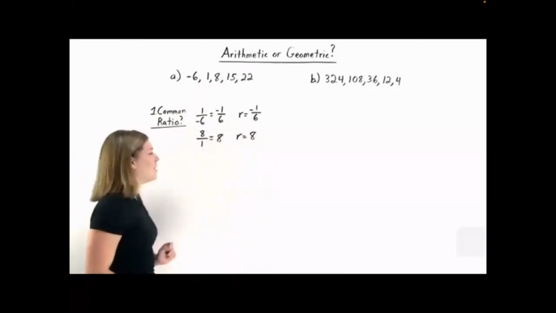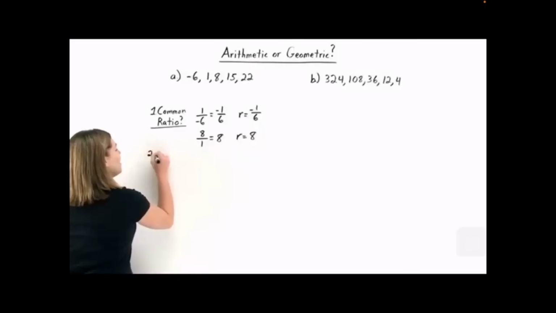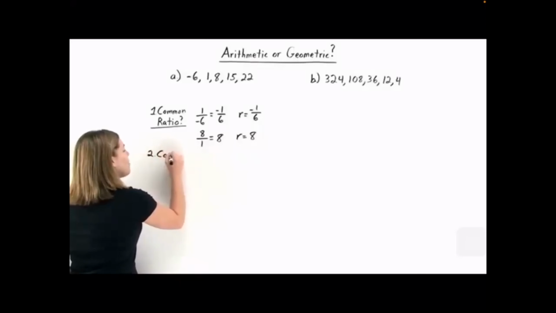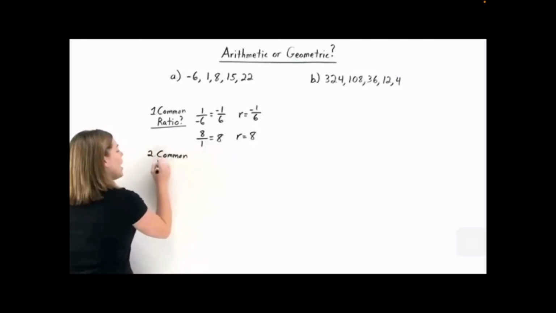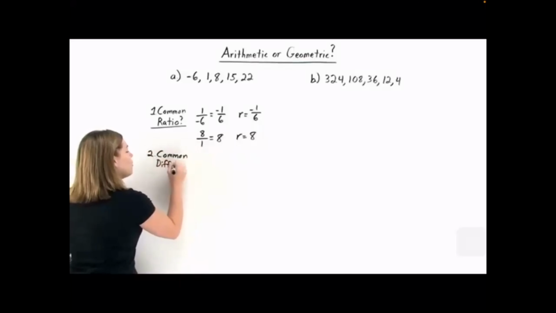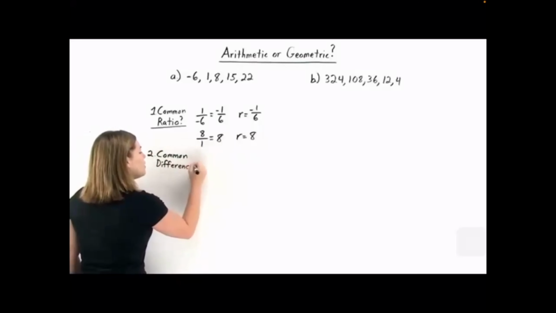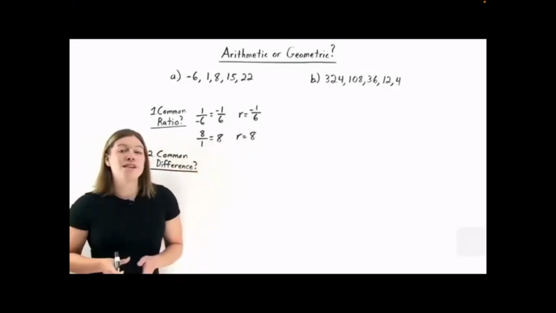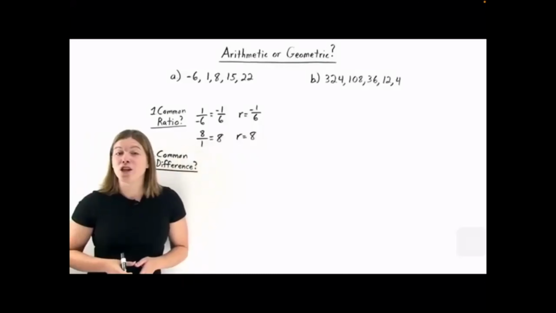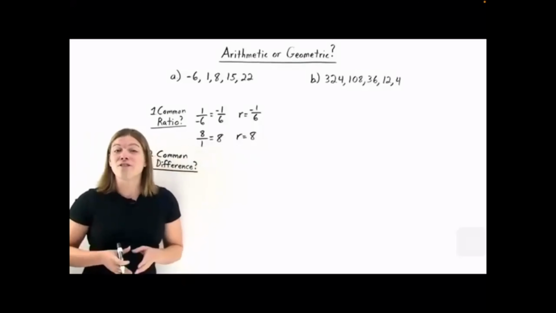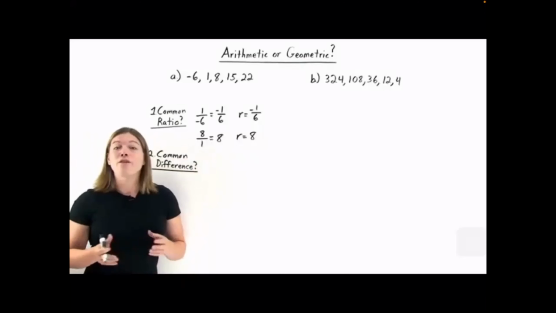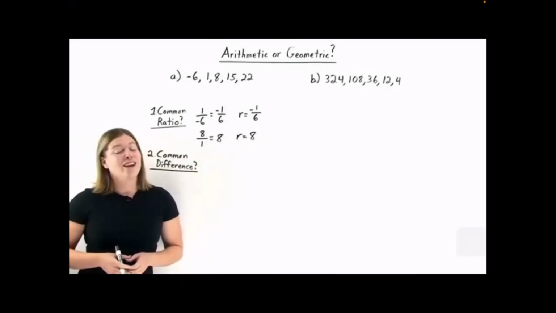But, is it arithmetic? Well, let's see. A sequence that is arithmetic has what is called a common difference. So we need to check and see if our sequence has a common difference. Remember, a common difference is the constant amount of change between terms in a sequence. So here we need to see if that difference is the same for the consecutive terms.